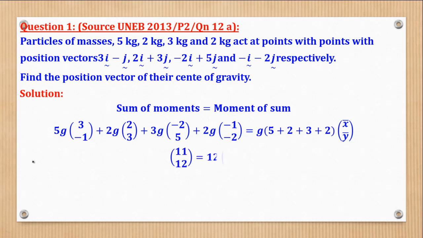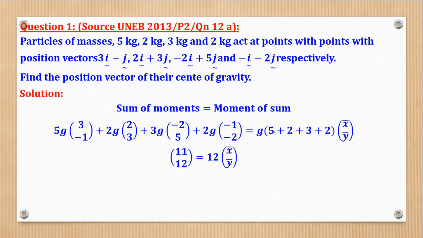Then we can add everything. First of all, this G cancels throughout. So we remain with this times this, plus 2 times this, plus 3 times this, plus 2 times this. It gives you 11. Then the y coordinate: 5 times this, plus 2 times this, plus 3 times this, plus 2 times that, to give you 12.